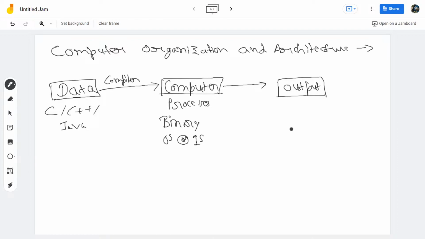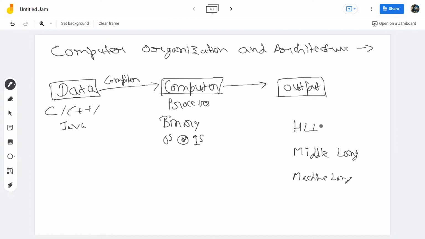Basically there are three types of languages. One is high level language, the other one is low level language or the machine language, and one more category is the middle language, which is very near to the machine language.